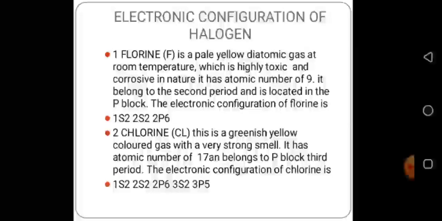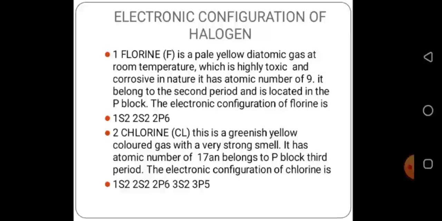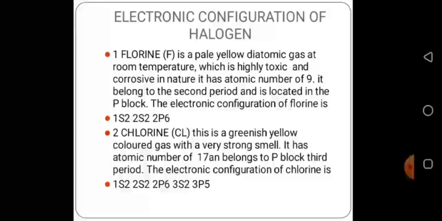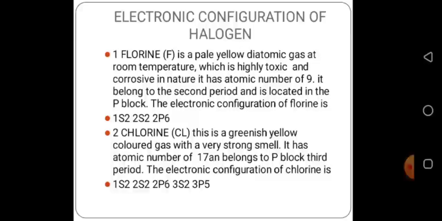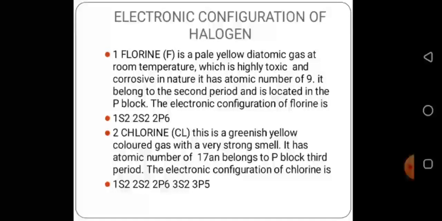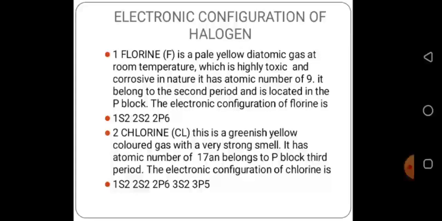So let us see the electronic configuration of halogen. In halogen, the first element is fluorine. Fluorine is pale yellow in color and is diatomic, and it is a gas at room temperature, which is highly toxic and corrosive in nature. It has the atomic number of 9.